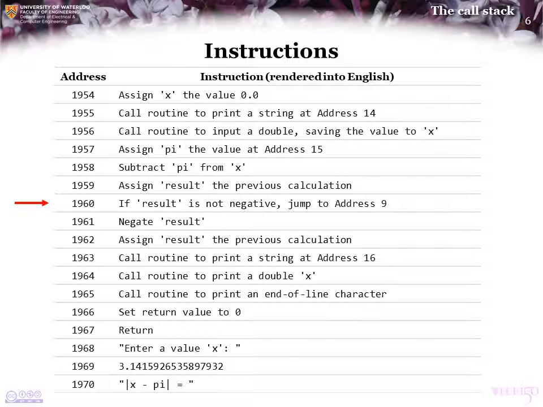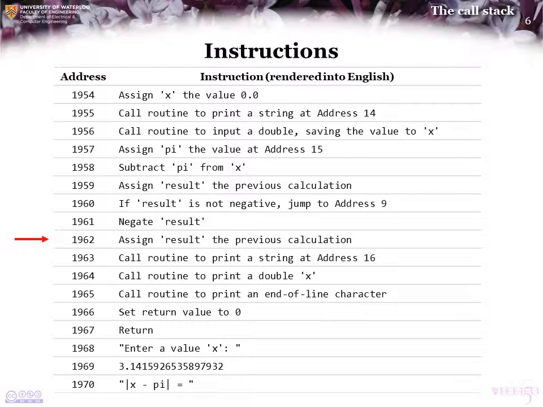If result is not negative, that is, result is 0 or larger, we're going to jump to address 9, that is, address 9 relative to the start. So that would be here, instruction 1963. However, if the result is indeed negative, we will negate the value of result and assign to the local variable result the result of the previous calculation, which is now the positive corresponding number.